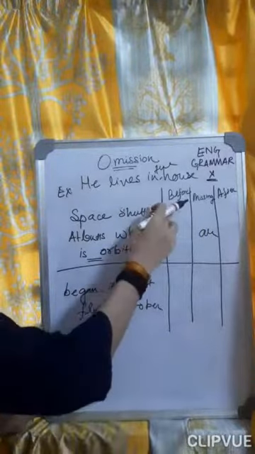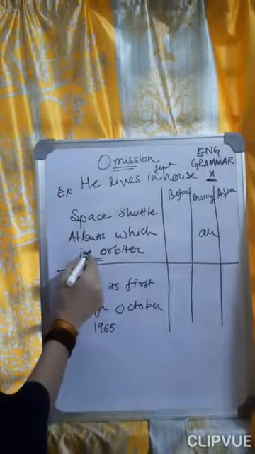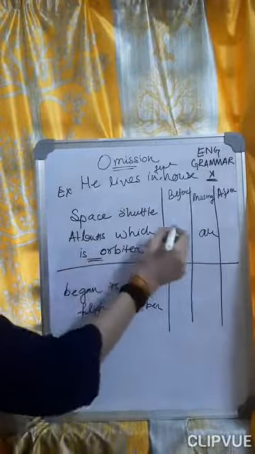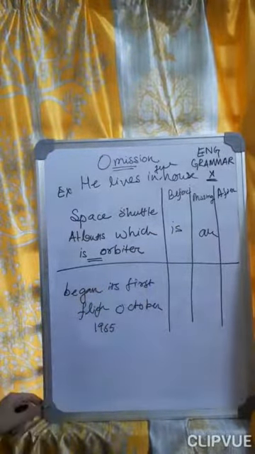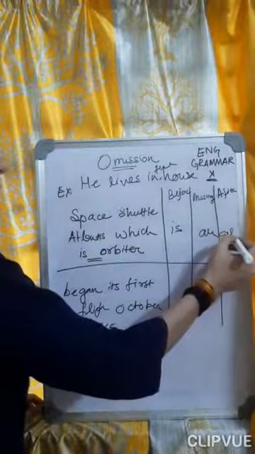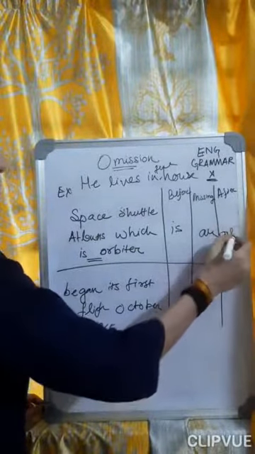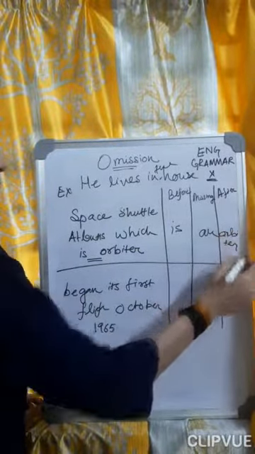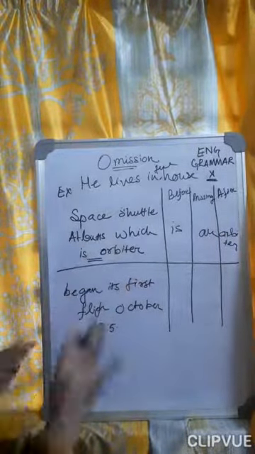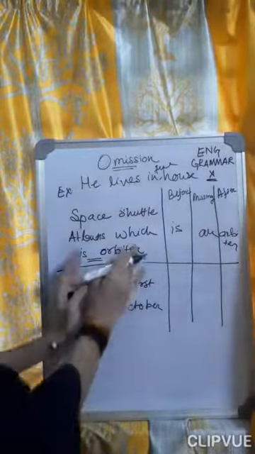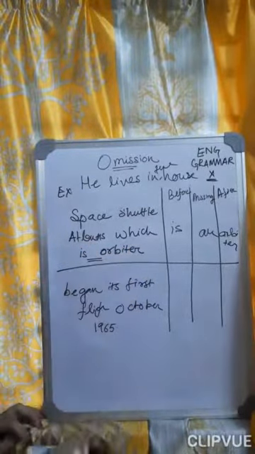And what do you have to write in the before part? The word which will be before an, that is, "which is". And in the after part, what do you have to write? Orbiter. Okay. So if you are unable to understand what the orbiter is and what it deals with, no problem.